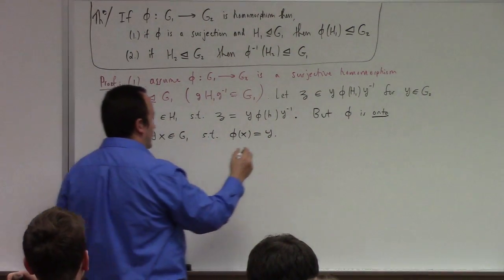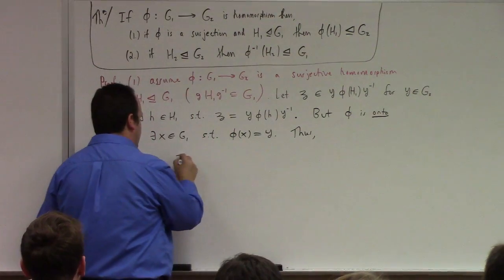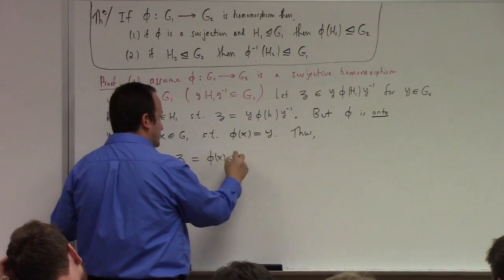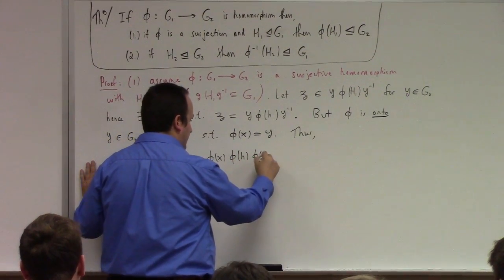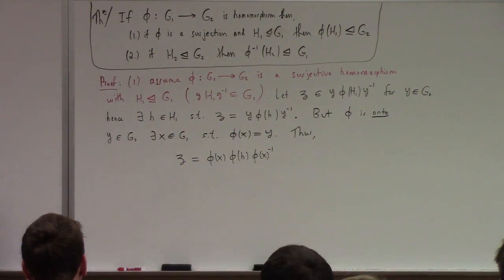So let's put it all together. Z is equal to phi of X, phi of H, phi of X inverse. Now what did we prove about homomorphisms? We proved that the inverse of the image is the image of the inverse. In other words, I can bring the inverse inside.